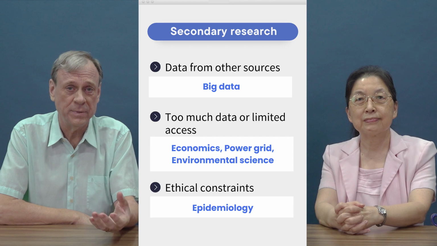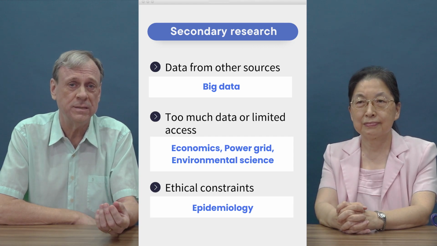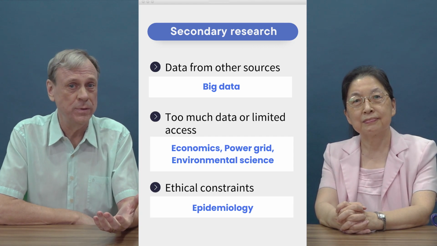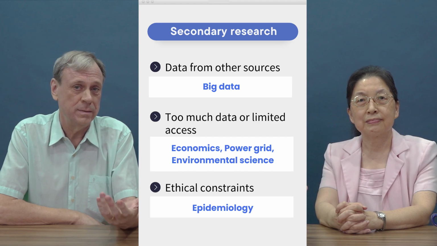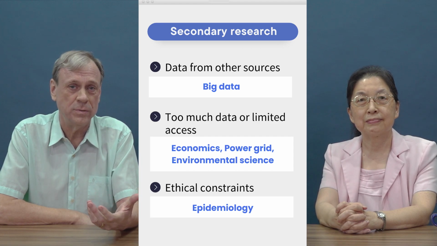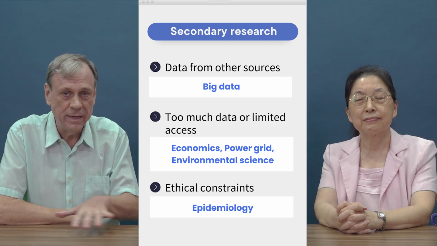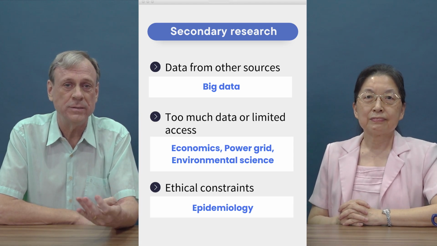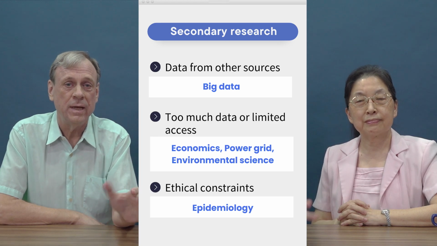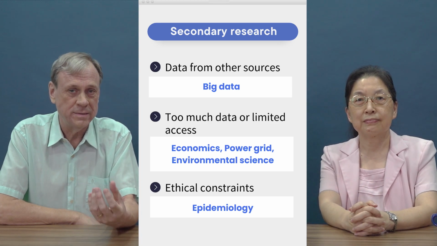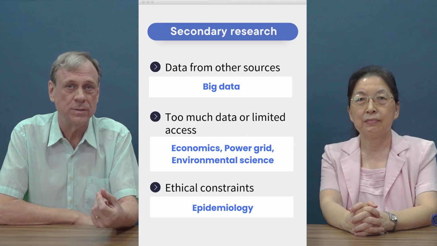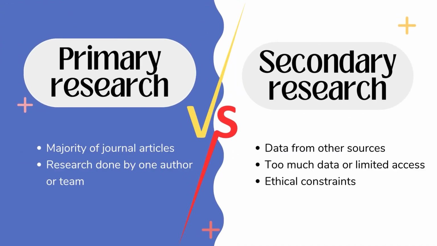Or something like epidemiology, the spread of disease, where you can't do an experiment because it's ethically impossible to do an experiment with disease spread. So you need to collect data from a broad range of other studies and then combine that, that's then called secondary research. But do not be fooled by the name primary versus secondary.